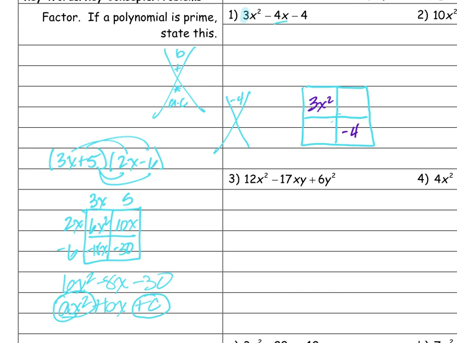Whatever my middle term is, it still has to add to be that term, because look, these two numbers add to form this term. And then it's going to multiply to be a times c. A times c, 3 times negative 4, so negative 12. So give me two numbers that multiply to be negative 12 and add to be negative 4.